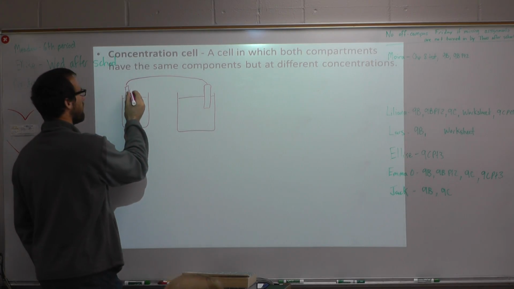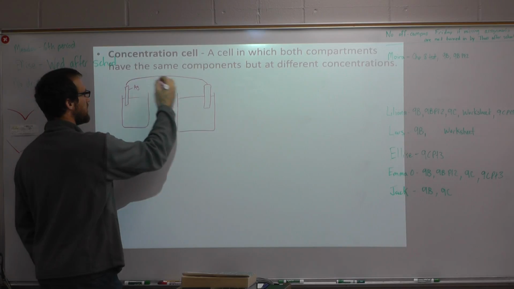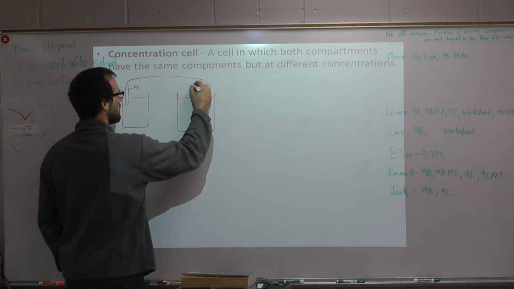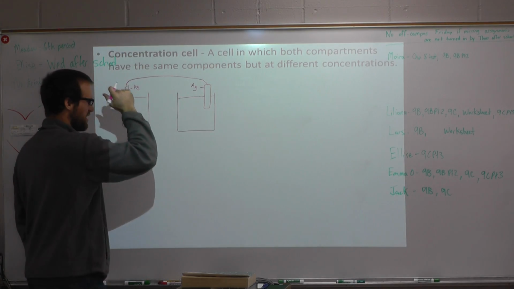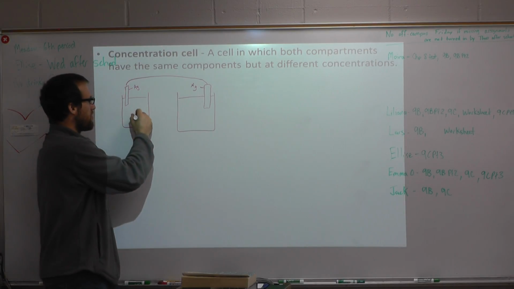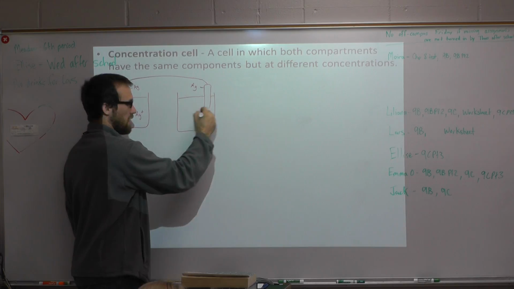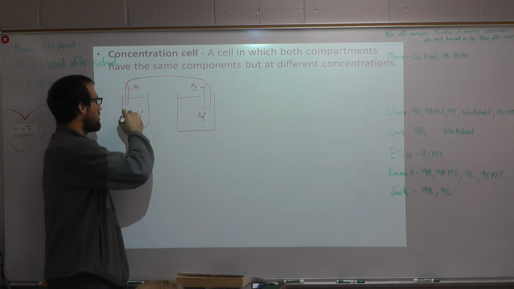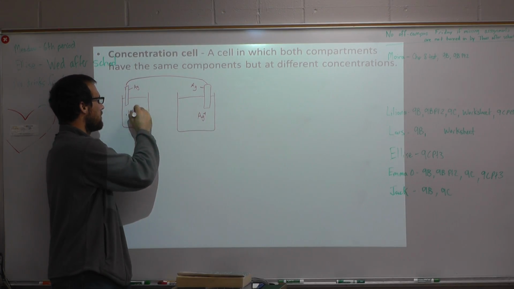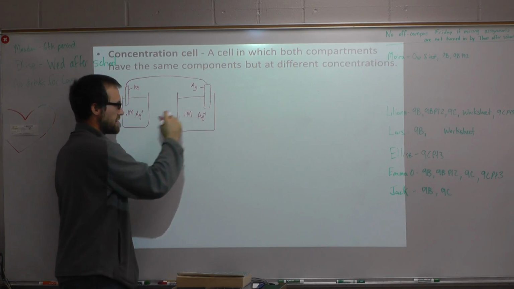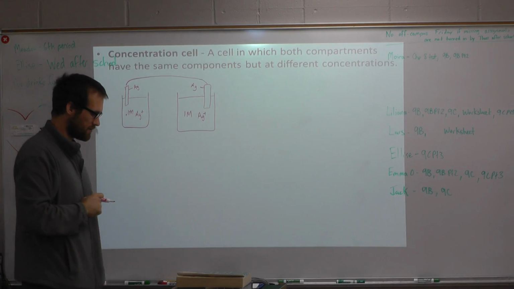And we're going to have 2 silver electrodes, and in solution, I'm going to have the exact same silver ions. The difference is I'm going to have different concentrations of each of those ions.